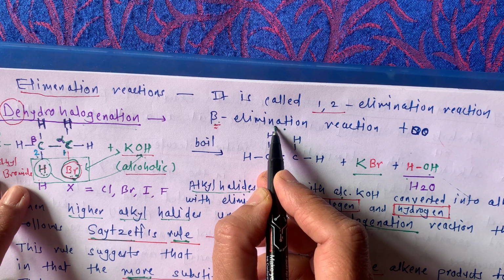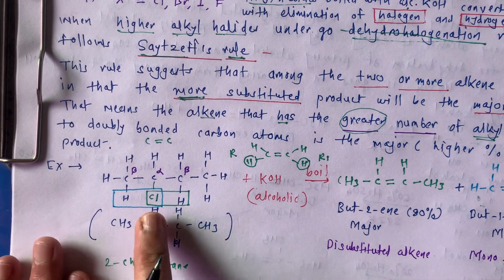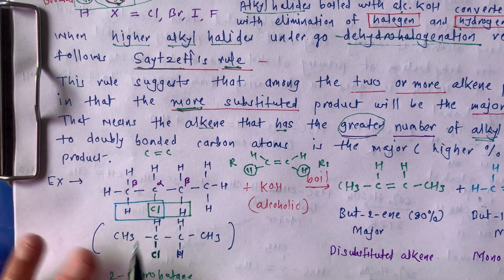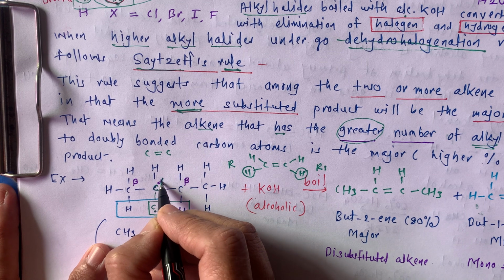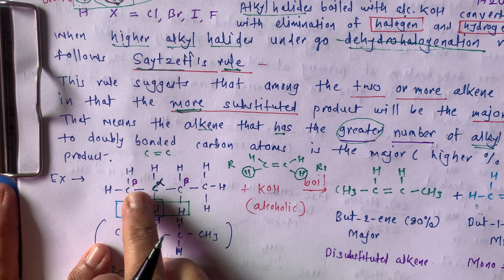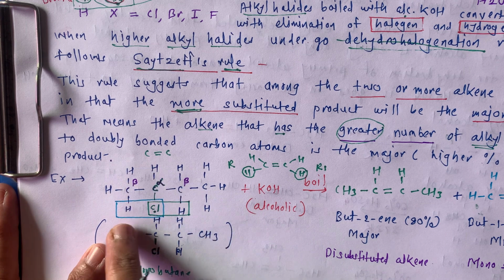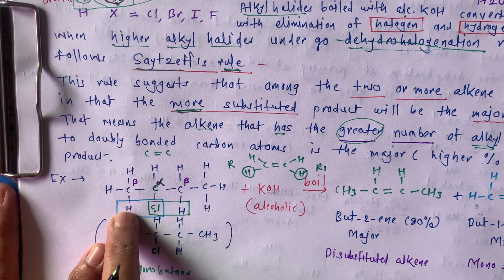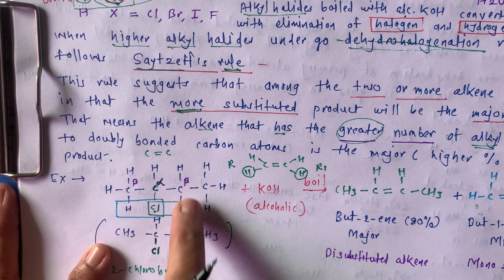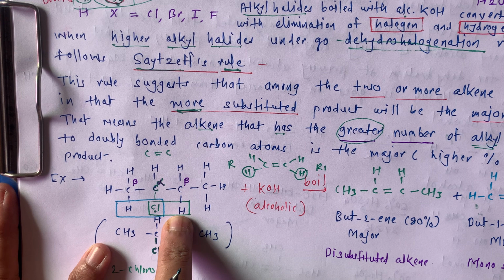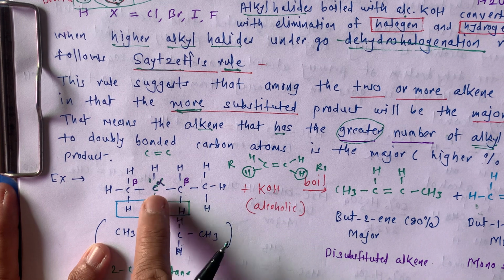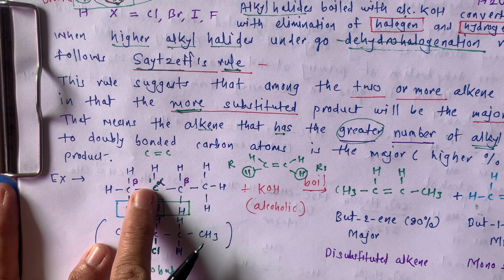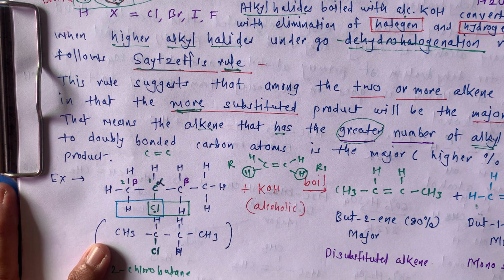Now in this example also we are going to see this. This is the carbon to which chlorine is attached, so we mention it as the alpha carbon. The next carbon is the beta carbon, and this is the beta hydrogen. Hydrogen attached to the beta carbon is beta hydrogen. Here again there is one more carbon, and that again has a beta hydrogen. If you number like this, the carbon to which chlorine is attached is 1, then this is the second carbon.